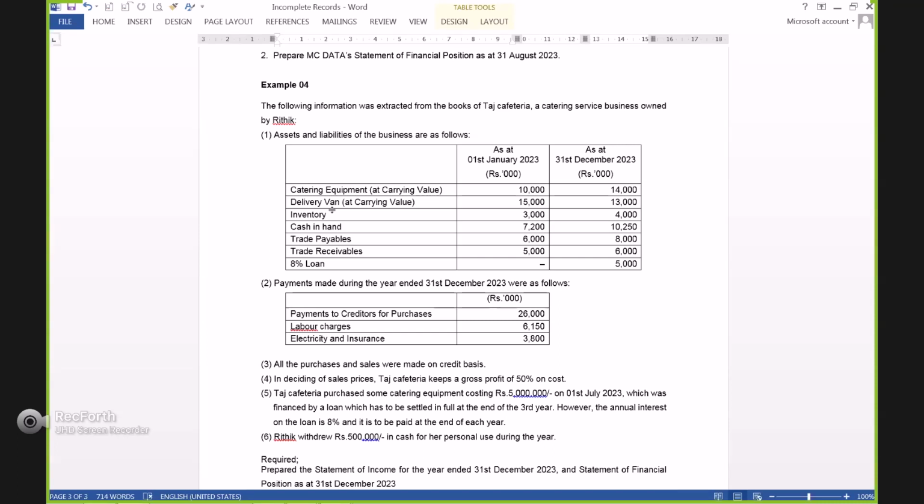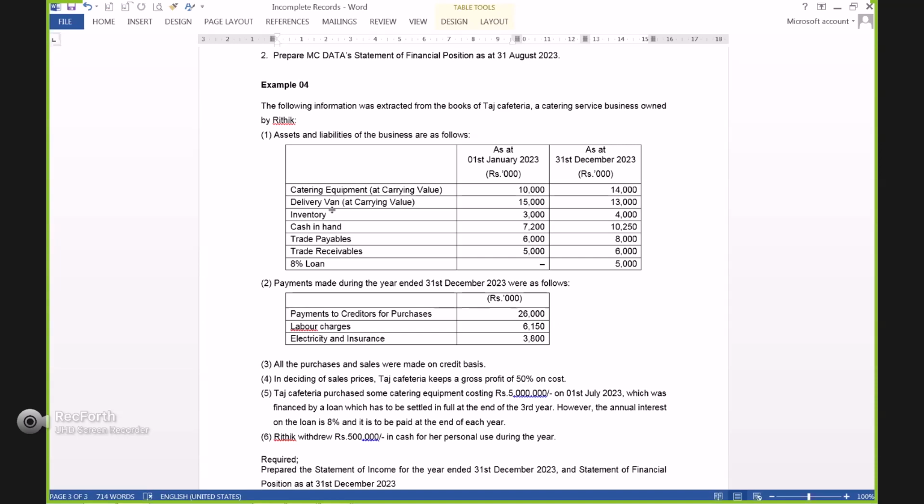So here we have to find out the sales, purchases, and all the things, as well as some expenses.